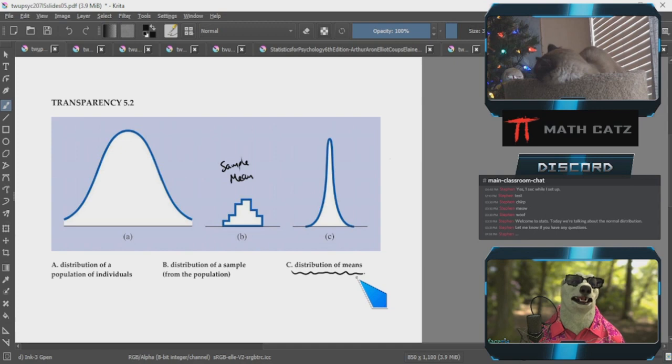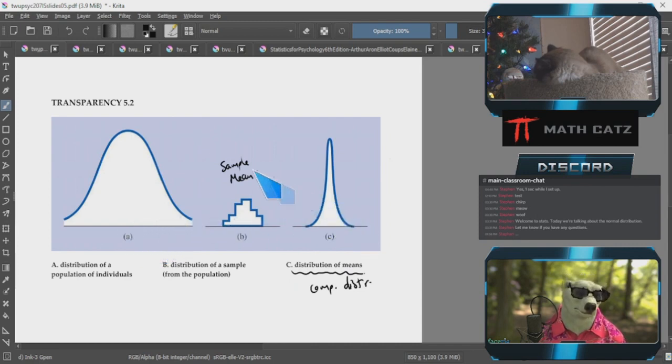And that is now going to become my comparison distribution. So that's one adjustment we have to make. If I look at a sample, I'm comparing that against all samples that I could get, and look at how those samples are distributed, not the individuals.